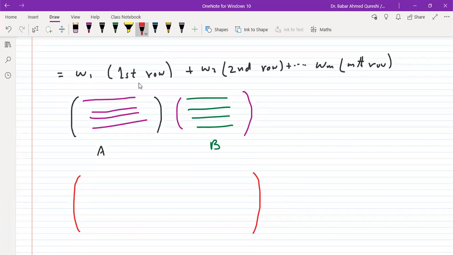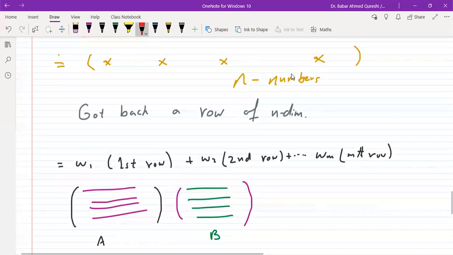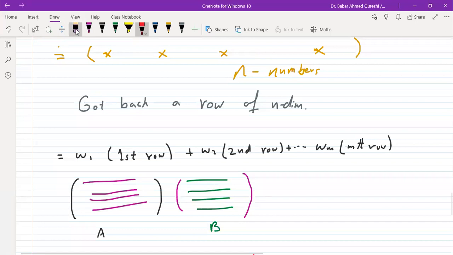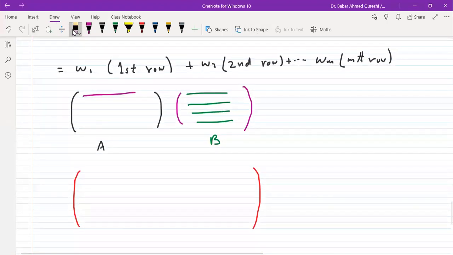Like I've written over here. I'm just doing for now just one row. You had one row, you take all these rows and make a linear combination like that. And you get back a row. You get back this row.